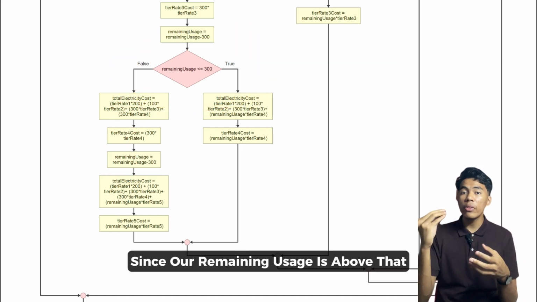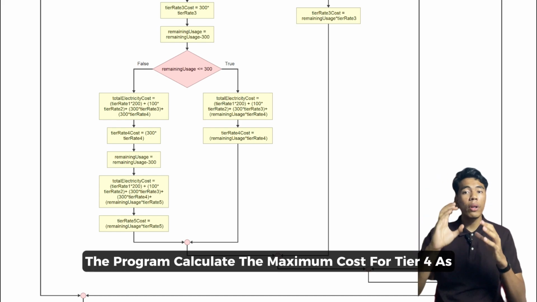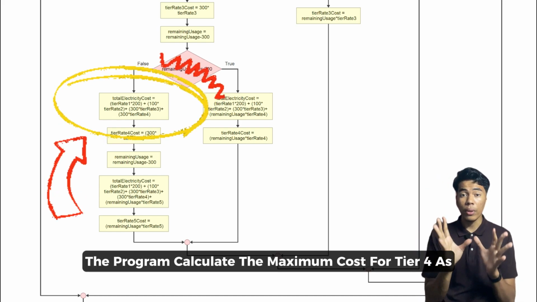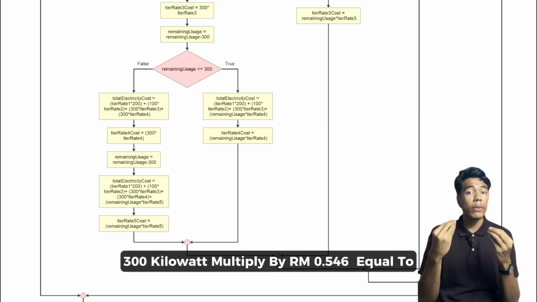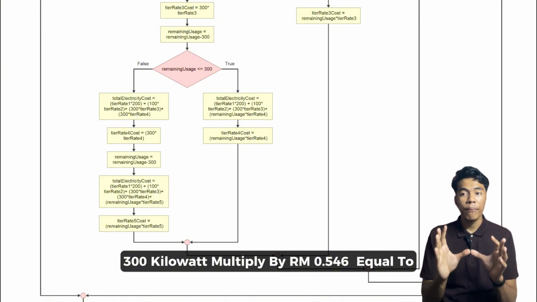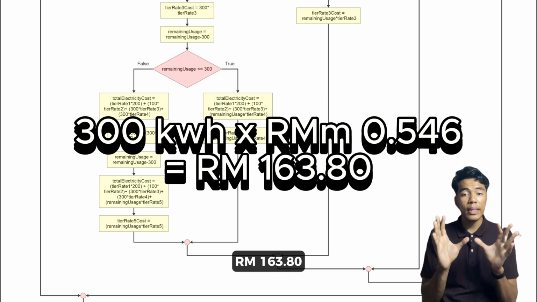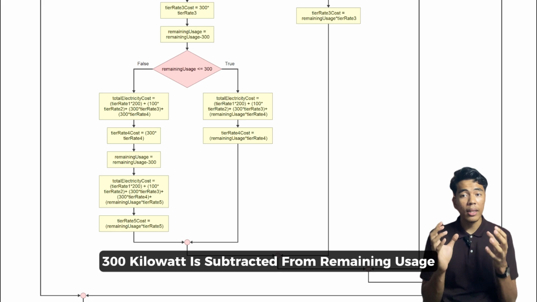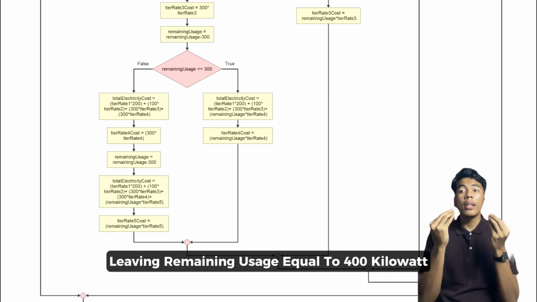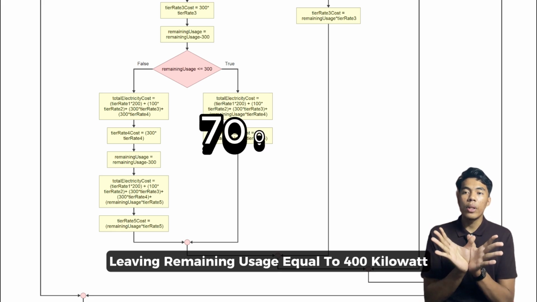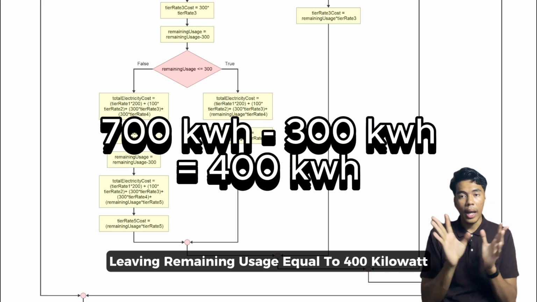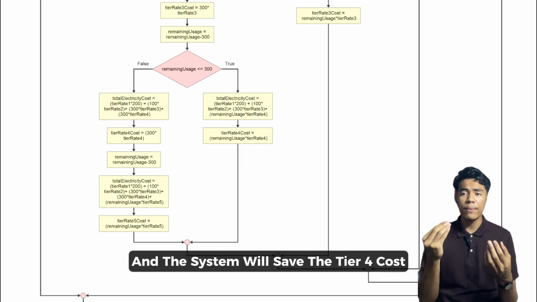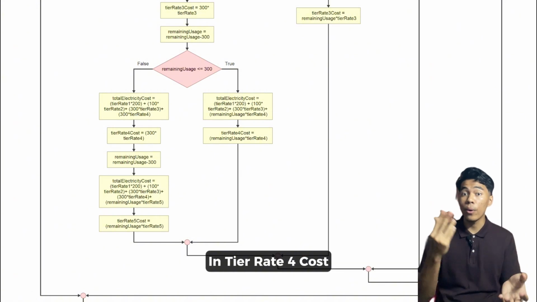Since our remaining usage is above that, the program calculates the maximum cost for tier 4 as 300 kilowatt multiplied by RM 0.546 equal to RM 163.80. 300 kilowatt is subtracted from remaining usage, leaving remaining usage equal to 400 kilowatt. And the system will save the tier 4 cost inside tier rate 4 cost.